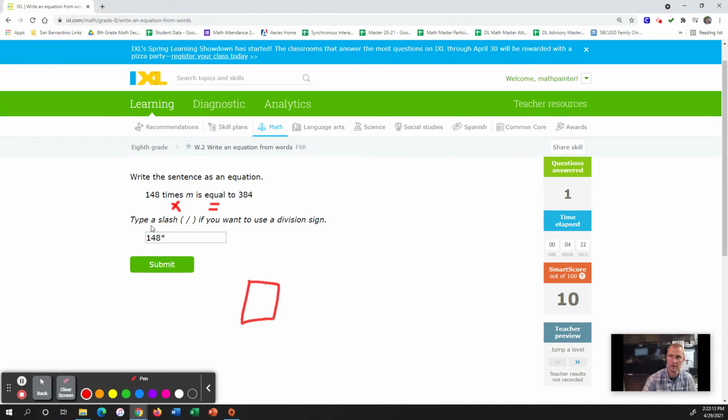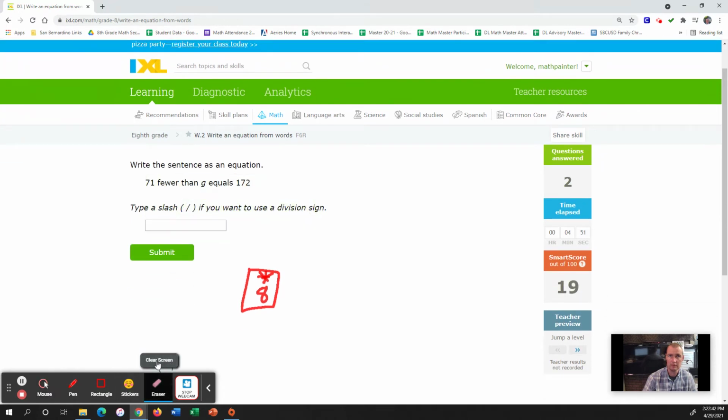Okay, so using the number 8, there's a little star and number 8. So what you're going to do is you're going to hold down the Shift key and tap the 8, and that star button will pop up. The star notation in a computer means multiply. All right, so we got 148 multiply M is, which means equals, is equal to 384.